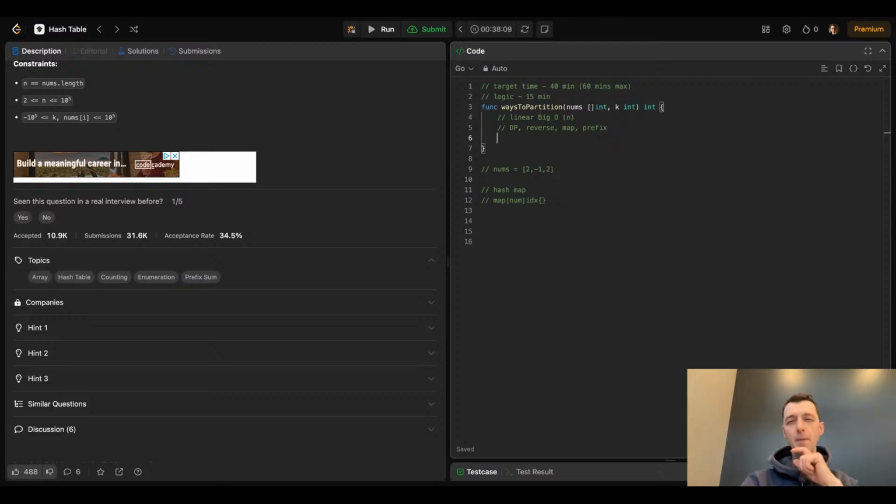If we can use some memory... I do feel like some combination of the hash map and prefix sum could be helpful here.